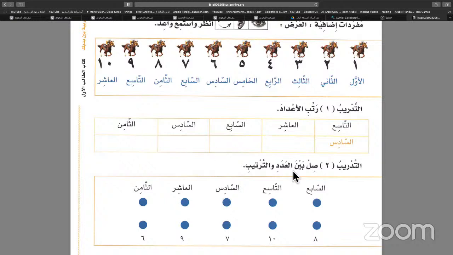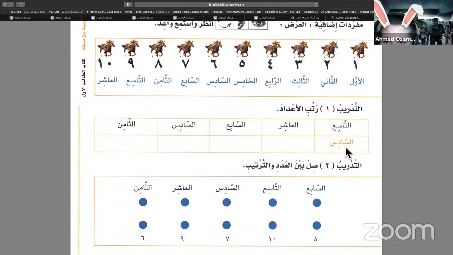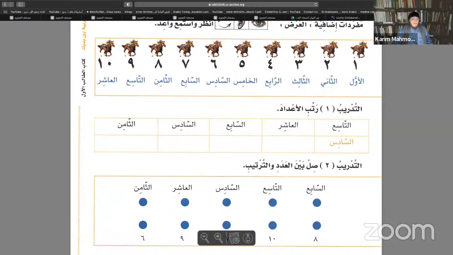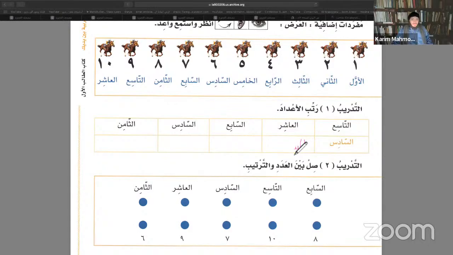All right. I need people to put things in order. Let's read the first one. السادس. Okay, what's after السادس? Everybody say, after sadis is sab'a. السابع.